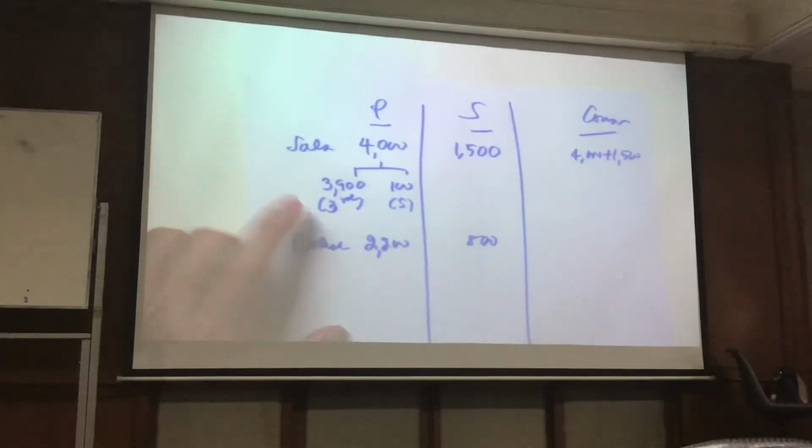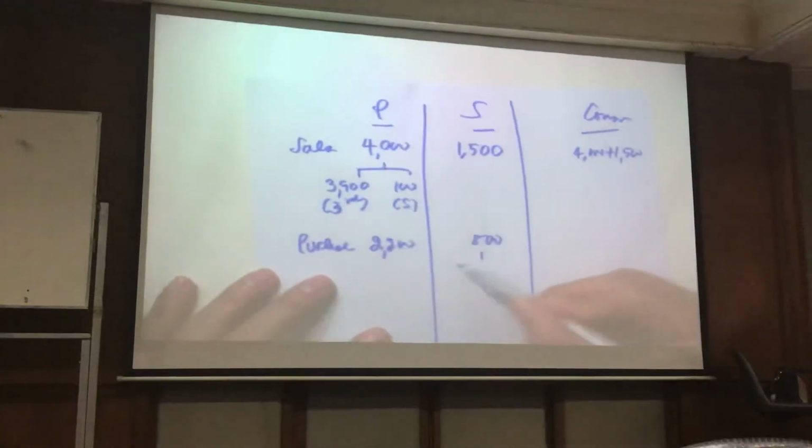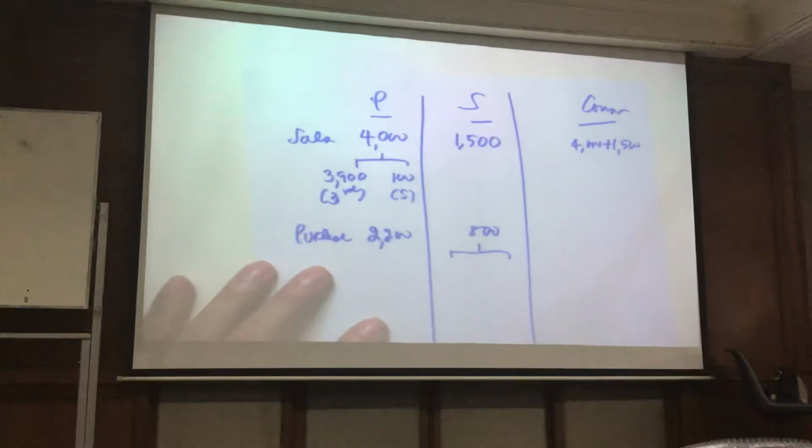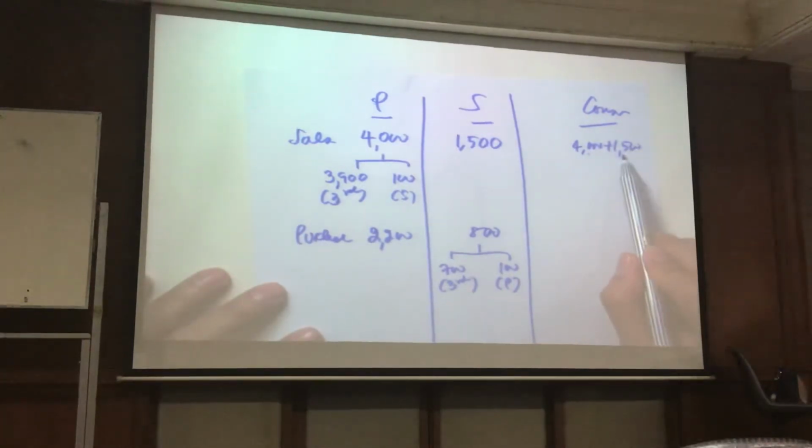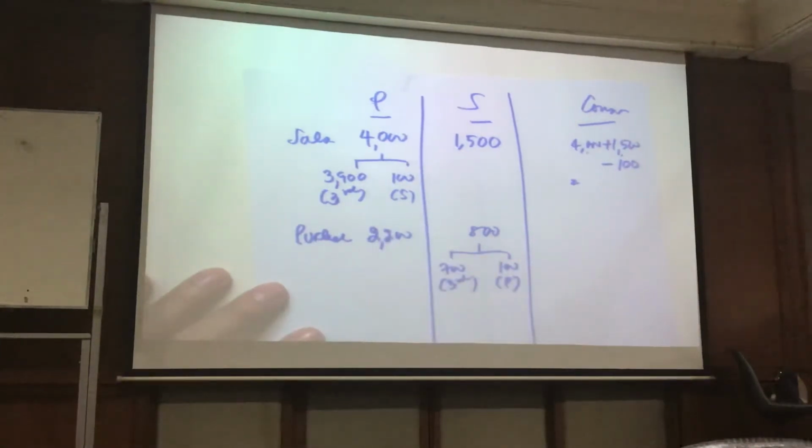In terms of purchases, on the subsidiary side, I bought from third parties for 700, but 100 I bought from the parent. You got it? So in consolidation, to be fair, because I want to represent the financial statement as it comes from third parties, I should subtract 100 from 4,000 plus 1,500 to get the right consolidated sales.